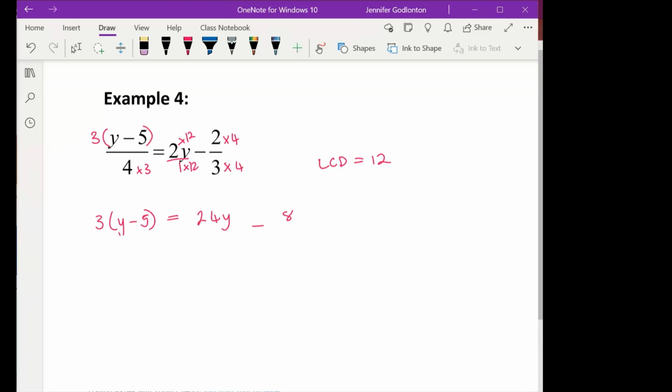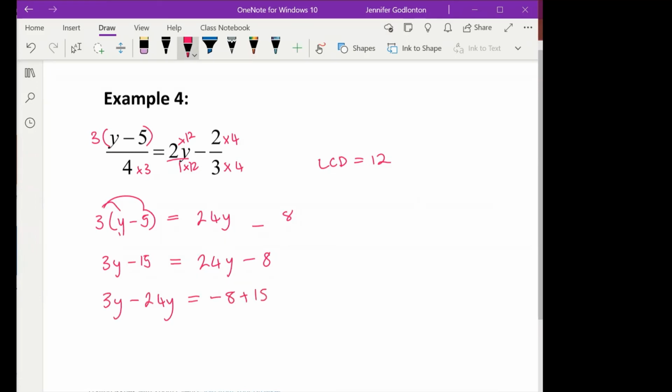Okay, next step. Then you say 3y minus 15 is equal to 24y minus 8. Yes. Then you say 3y minus 24y is equal to negative 8 plus 15. Good.